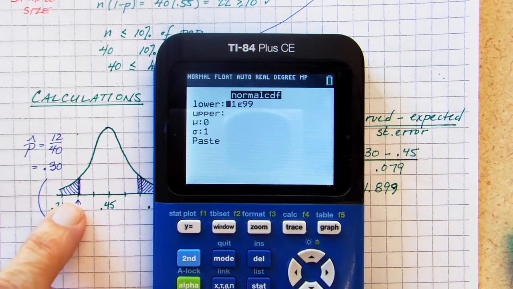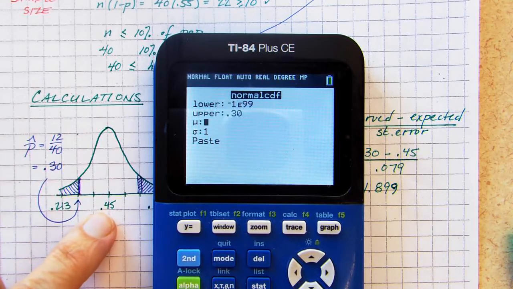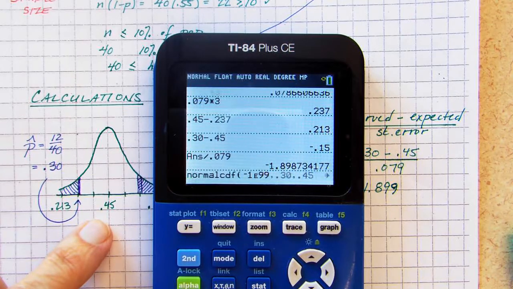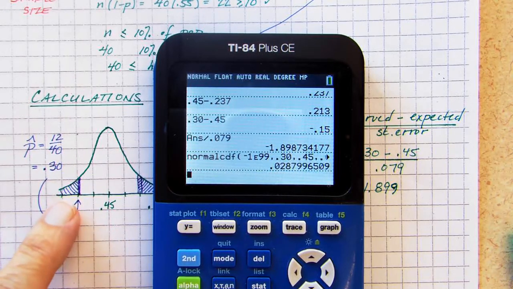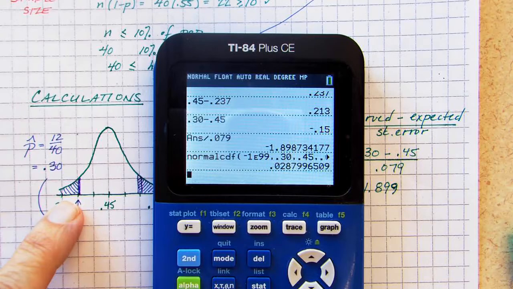Let's have the upper value be the 30% figure, 0.30, and that's assuming a norm of 0.45 and a standard error of 0.079. If I do that, this will tell me that this area to the left is about 0.0288, if I round it.